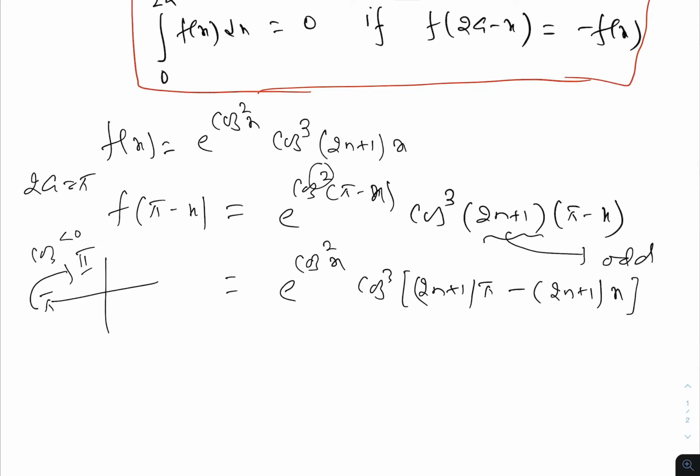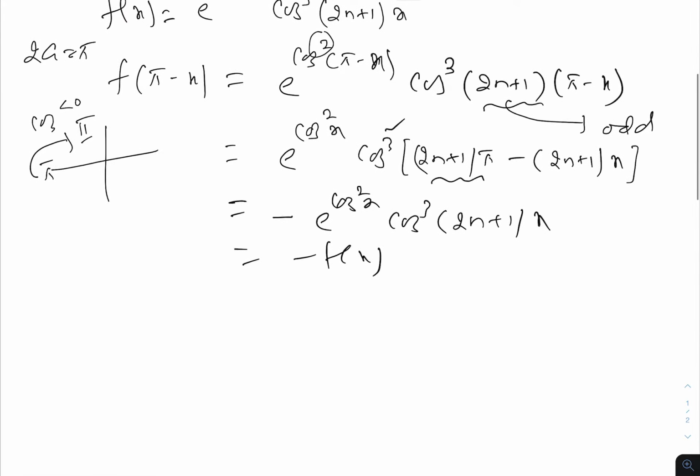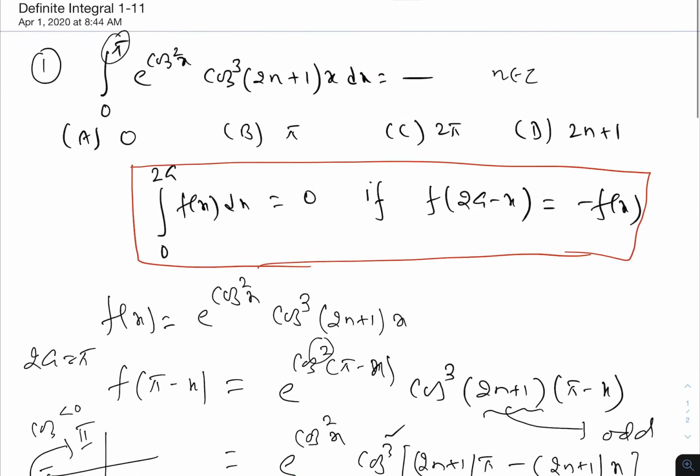So (2n plus 1) pi is again in the second quadrant, where cosine is negative, and the cube is there, so we have minus e power cosine square x, cosine cube (2n plus 1) x. So f of 2a minus x is minus f of x, and so the value of the integration is 0.